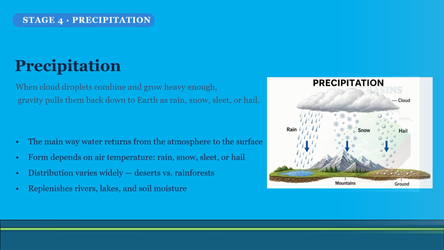You see the cloud over here, and when it changes into water, it changes into rain, snow, or hail. So that's how precipitation occurs. It simply means that the clouds change into droplets of water.